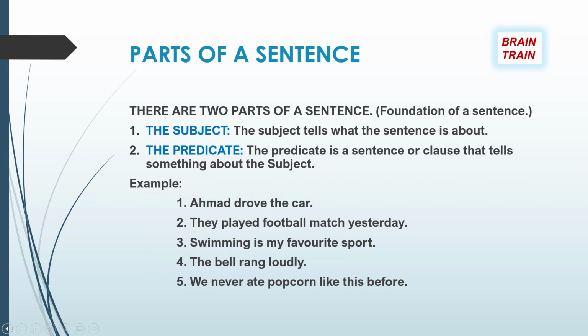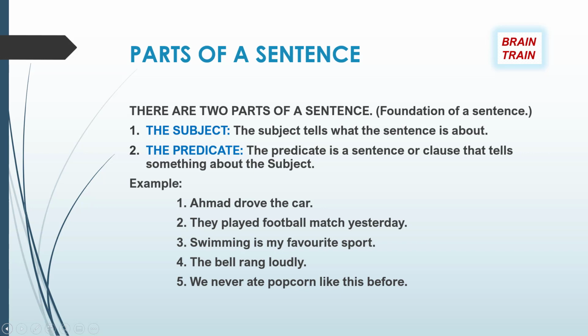Parts of sentence. So parts of sentence, like what makes a sentence, यानी किन से मिलके बनता है sentence. There are two parts of a sentence, the subject and the predicate. The subject tells what the sentence is about, और mostly beginning में होता है simple sentences में, के sentence किस बारे में है.